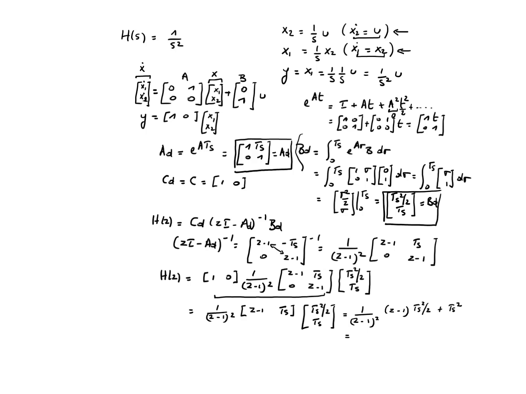And so this means that we have Ts squared over 2, over (z minus 1) squared, times (z plus 1), and this is H of z.